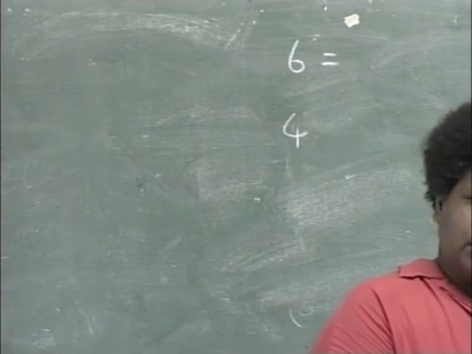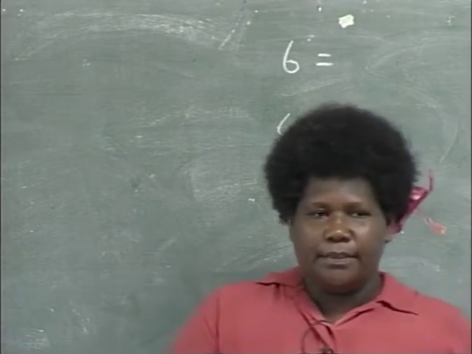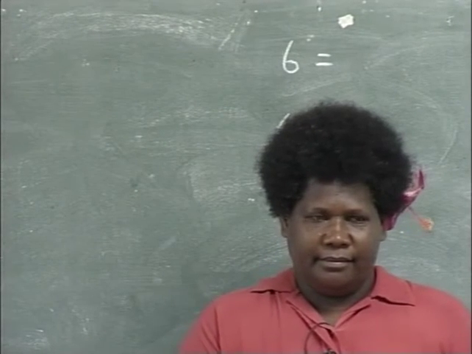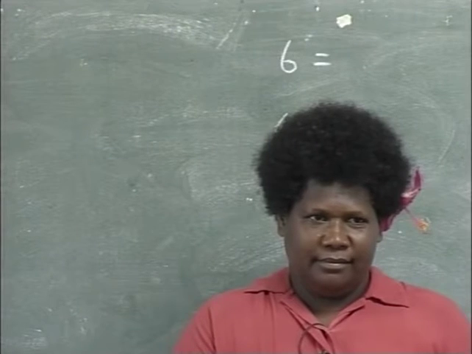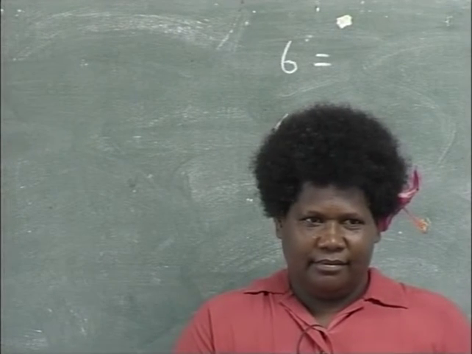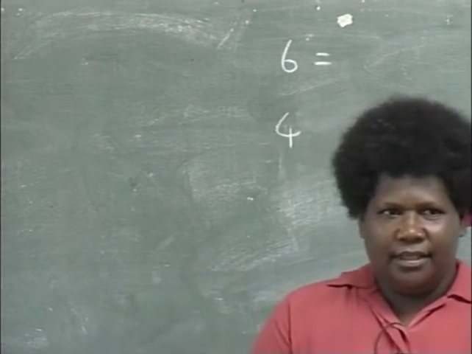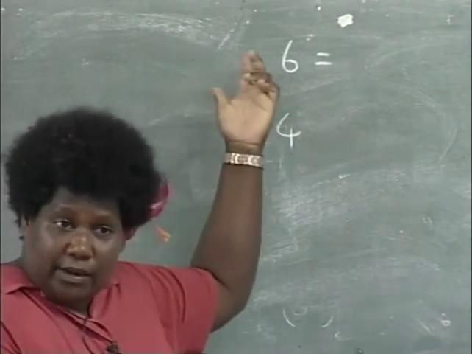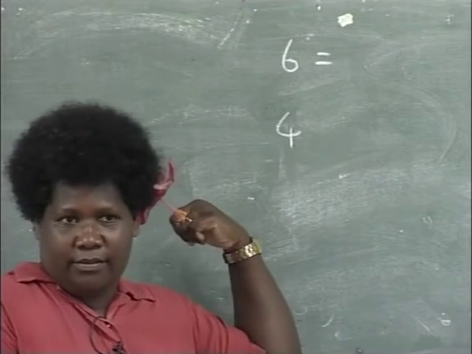We want to find the lowest common multiple. Is Margaret correct? Rita? Margaret said find the factors of 6 and 4. My question is we want to find the lowest common multiple of 6 and 4.